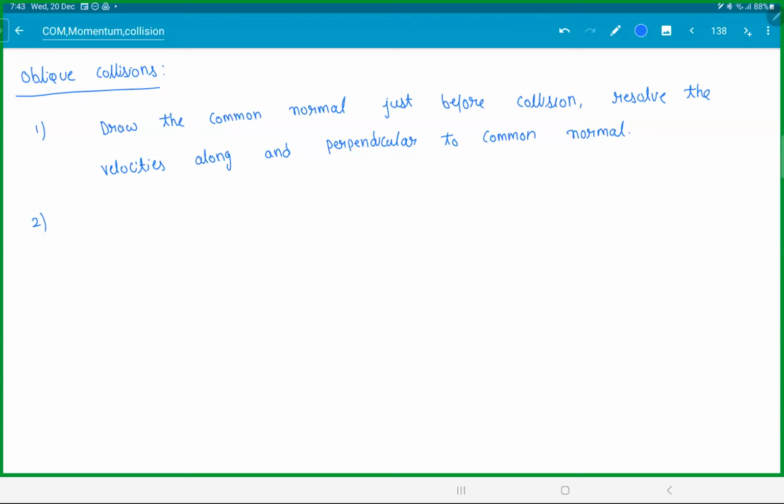Second thing. For velocities along the common normal, just solve it like head-on. So velocities along the common normal will change because the force is in that direction. So just treat this like a head-on collision.